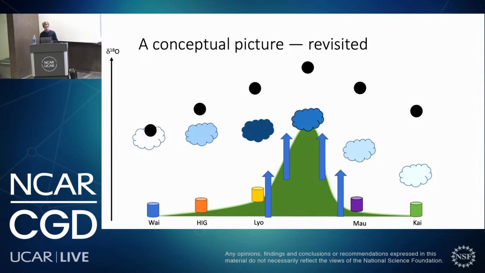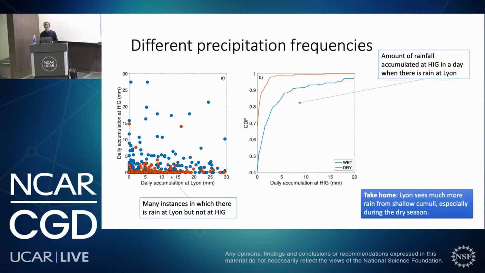But if we think about trade wind showers, these tend to happen primarily next to the mountains, and they stop almost immediately downwind of the mountains, and so there isn't really a lot of, how can I say, influence on the other sides.